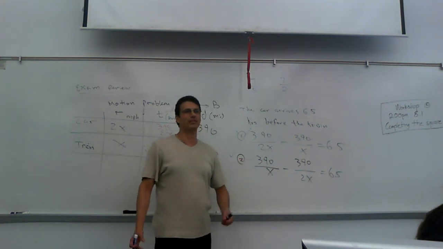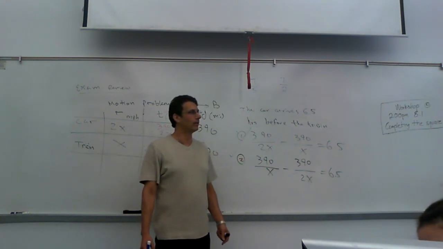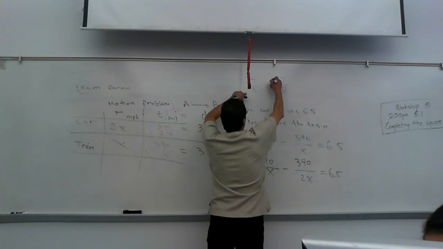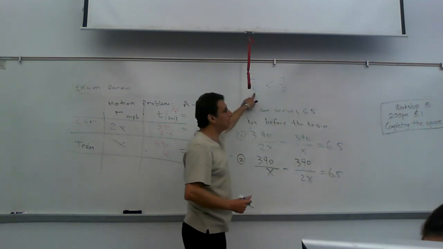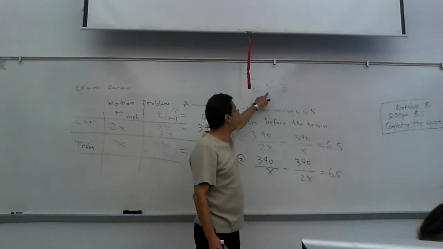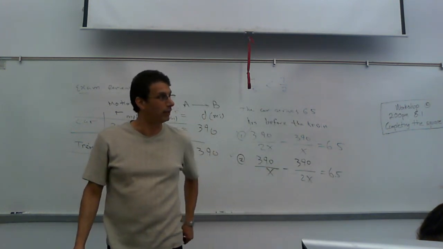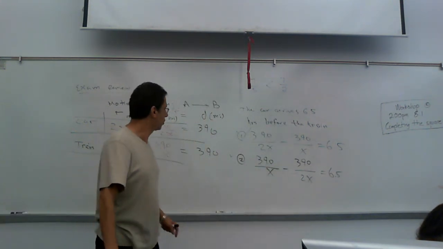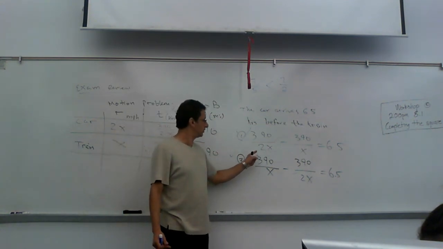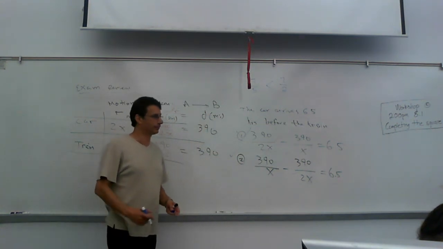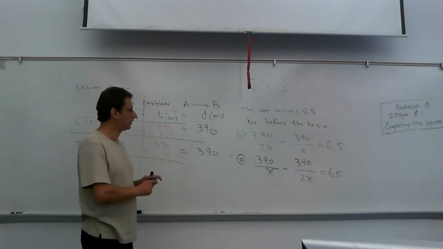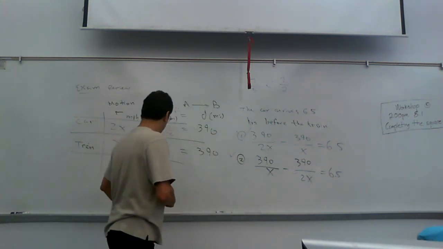See, some people said the first one. Why? Why is this the case? Isn't this denominator larger than this denominator? The larger the denominator, the smaller the fraction, right? So, which one is larger, 2x or x? And you subtract this.